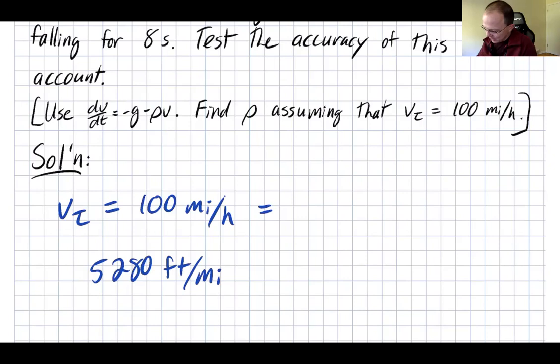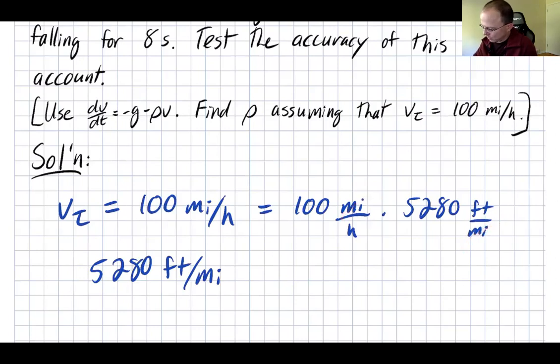So okay, let's do this. So we have 100 miles per hour, and we need to multiply that by 5,280 feet per mile. So then this miles will cancel with that one.